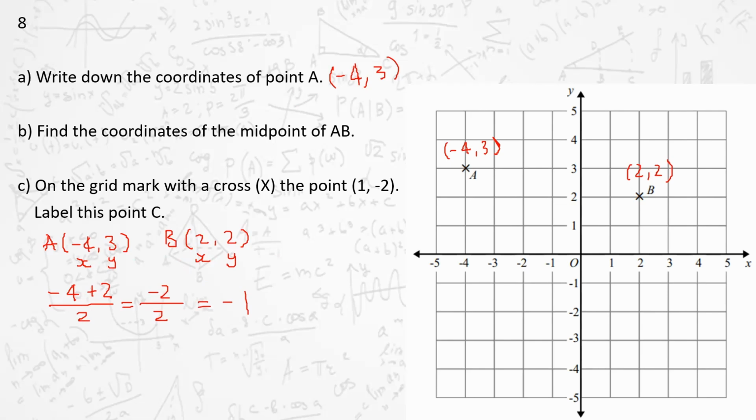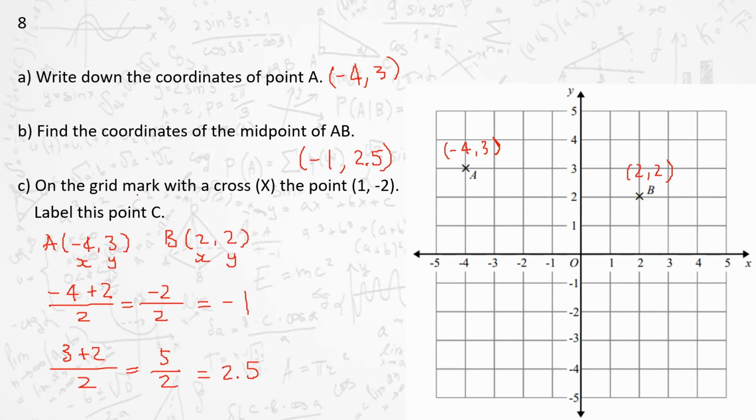For my y, I have 3 and 2. So 3 plus 2 divided by 2 to find my midpoint. 5 over 2 is 2.5. So x is minus 1, y is 2.5. So that will be the midpoint for A and B.